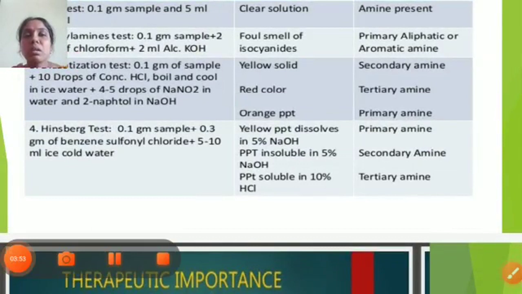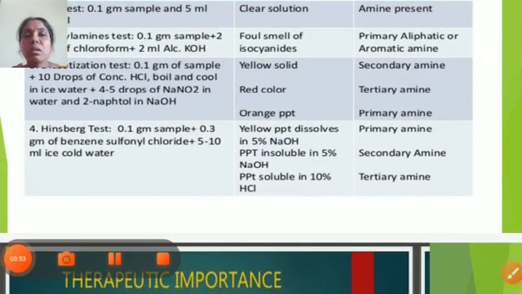amines. Next, qualitative tests for amines. In the laboratory, amines are identified by the following qualitative tests. First one, the salt test. If you take 0.1 gram of amine in a test tube and add 5 ml of HCl, you can observe a clear solution, so it is an amine.